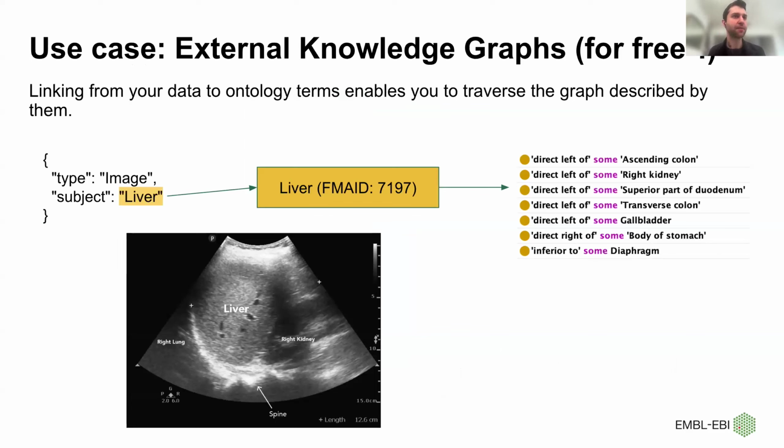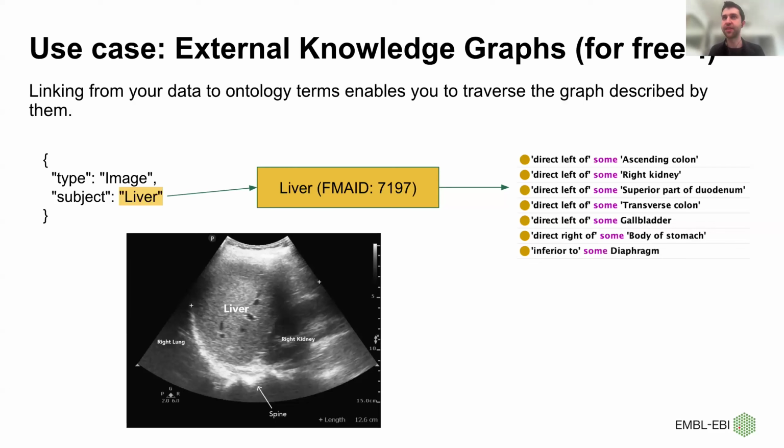But here I've grabbed an image of an ultrasound of a liver and a tiny amount of JSON data to describe it. And instead of just using the string "liver", I've picked a term here from the Foundational Model of Anatomy ontology. And this term is linked to many other terms in the ontology.